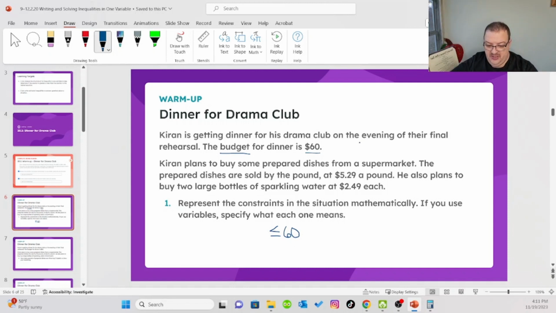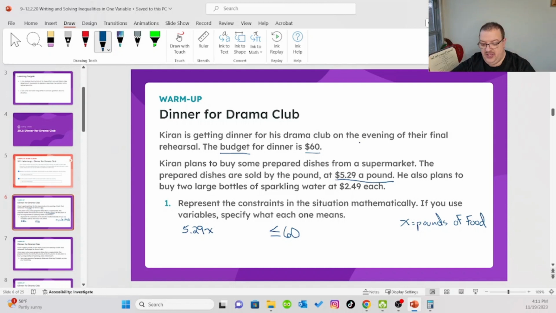Now we see that the dishes are $5.29 a pound, but we don't know how many pounds. So our first variable will be x, and that will be pounds of food. And if it's $5.29 each, then we would say 5.29x.